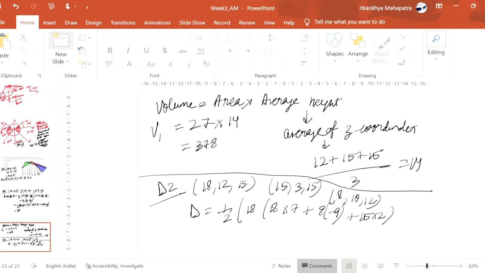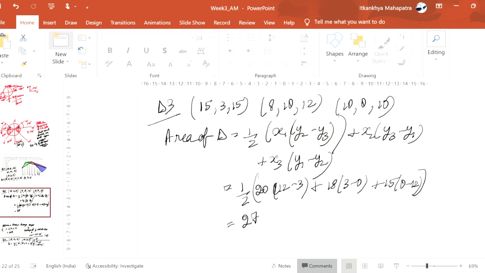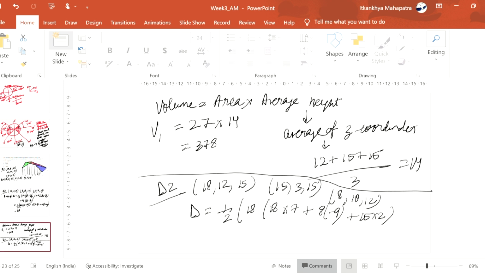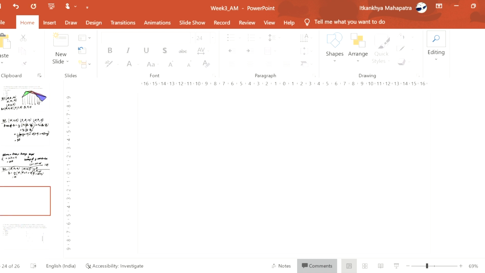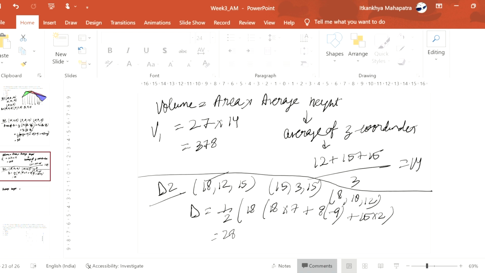This is with respect to this formula, half into x1 (y2 minus y3). Now this will become 28. The average height will be the average of the z coordinates, which will be 15, 15 and 12.